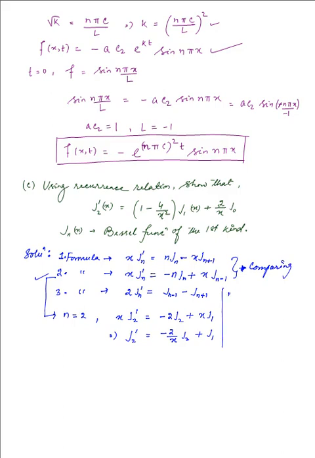So we have n Jn minus x J n plus 1 equal to minus n Jn plus x J n minus 1. Now we put the value of n equal to 1 over here, so what we get is J1 minus x J2, and here we have minus n goes to 1 and Jn is J1, and finally we have x J0. This is what we end up with.